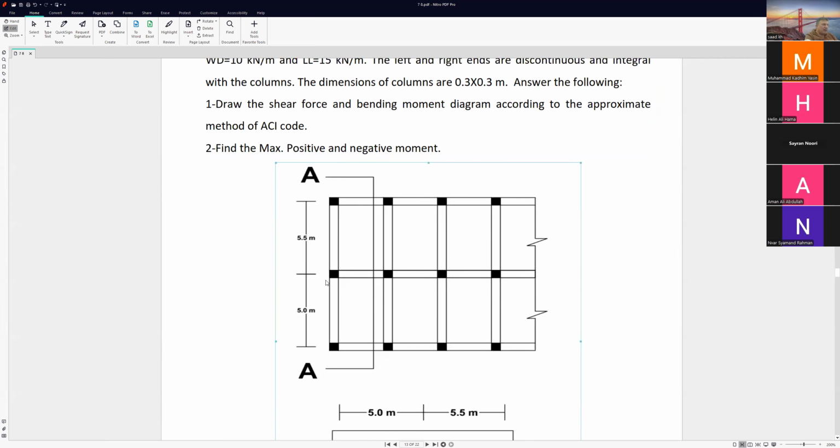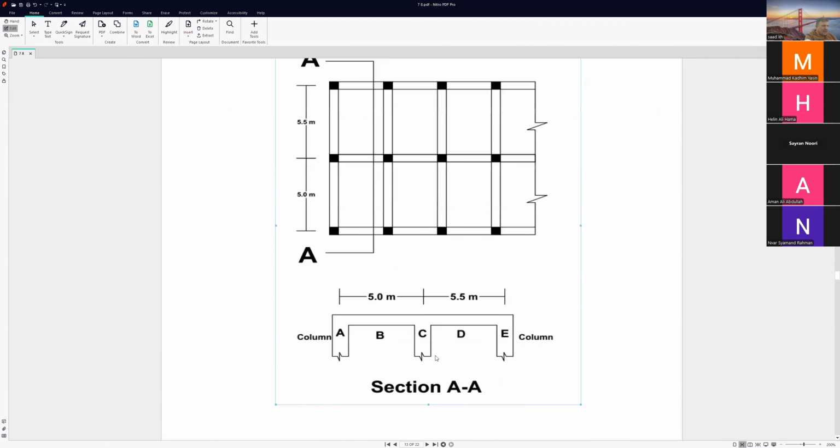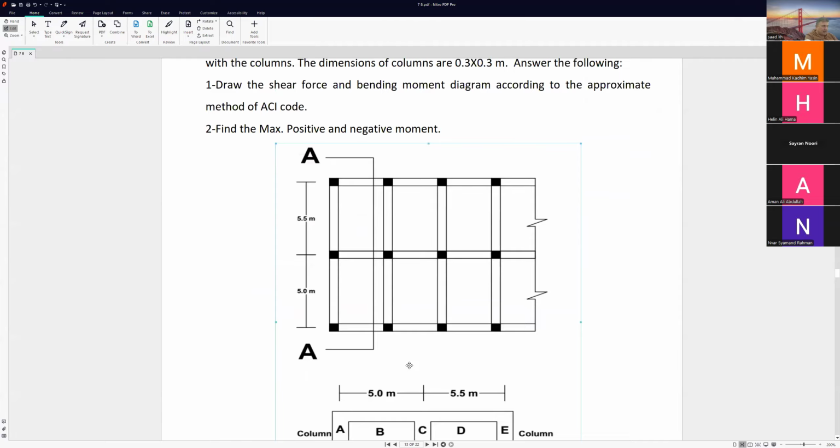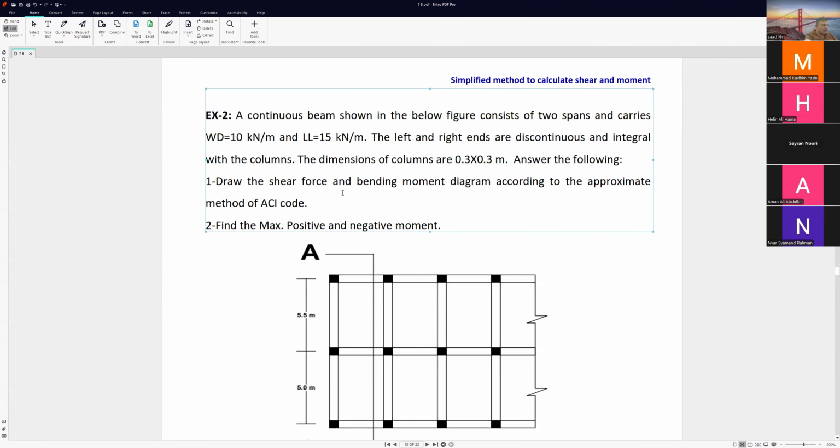Here 5 minus 0.3 is 4.7. Okay? So this is the section AA, and this is the section like this. So answer the following. Draw the shear force and bending moment diagram according to the approximate method of ACI.